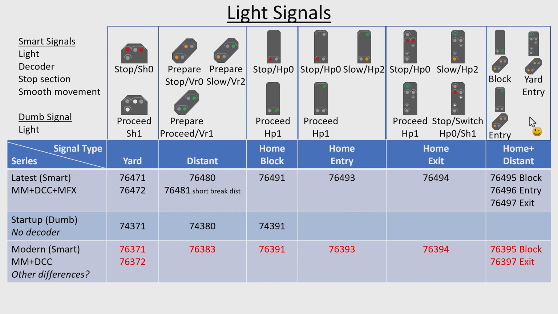So basically that would mean that the signal might show green, but it will also indicate underneath with a distance signal that yes, it's green now, but be aware the next signal might be or is red, so that's why it could indicate prepare to stop.